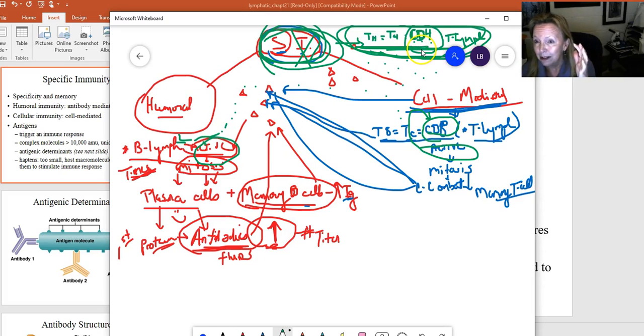That virus is HIV, Human Immunodeficiency Virus. It attacks these cells. And this is why that particular virus is so devastating to our immune system, because it takes down the numbers of these cells that we need.